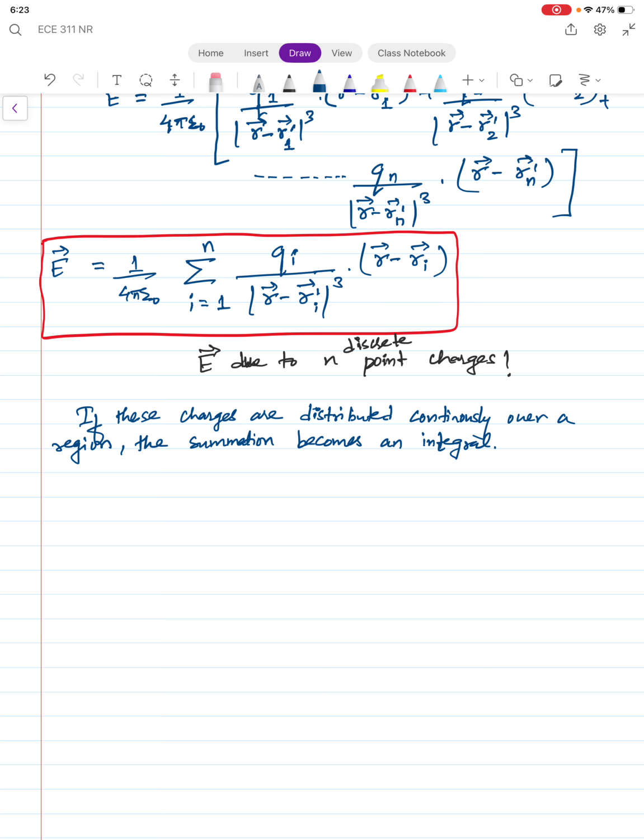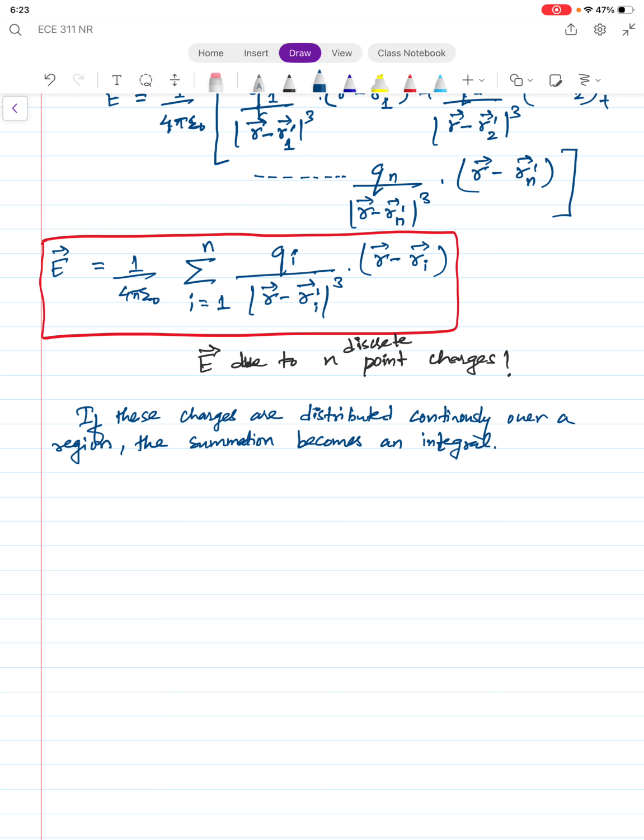So what I mean is, the discrete variable now becomes a continuous variable. For a discrete variable, we use summation. However, for a continuous variable, we use integration. That is the difference between summation and integration.